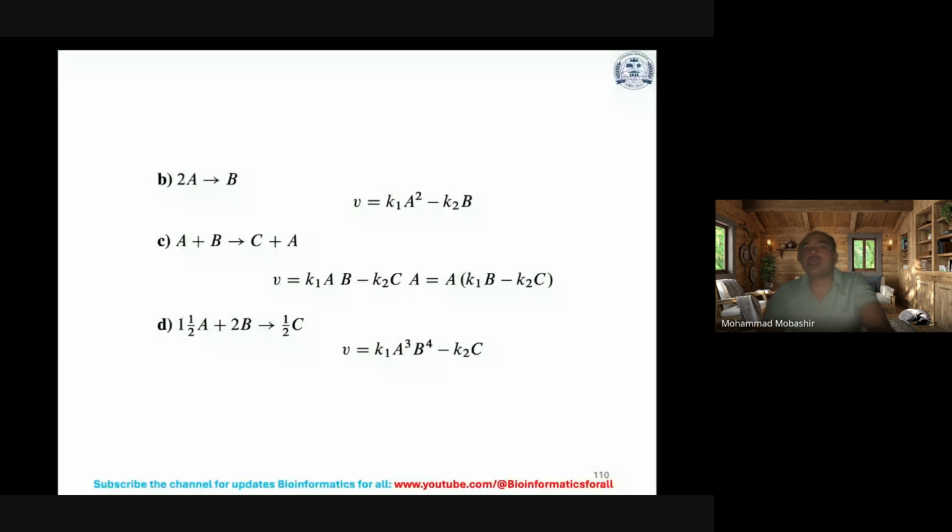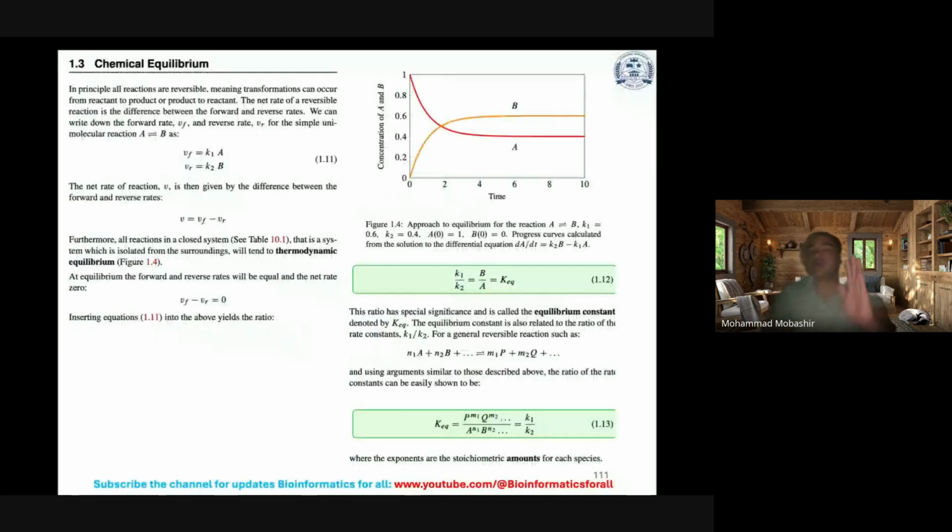Now, what is chemical equilibrium? This is what you need to understand. In a very simple way, you can say chemical equilibrium is reached when product formation reaches a saturation phase, or when there is no change in product formation or in the decrease of reactant concentration. That means the chemical reaction has reached equilibrium, that is chemical equilibrium.